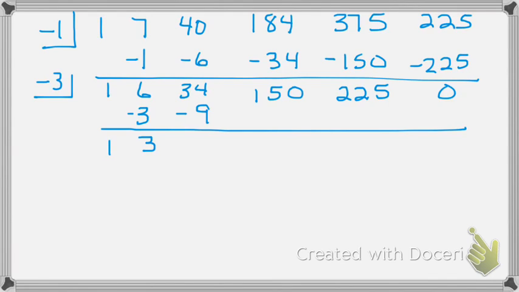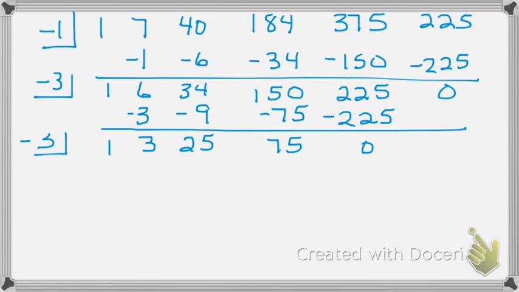What's 34 minus 9? 25. 25 times -3 is -75. And there's my 0. Now -3 was a bouncer, right? Yeah. So since it was a bouncer, I want to do it again because that means it existed twice, at least twice, right?